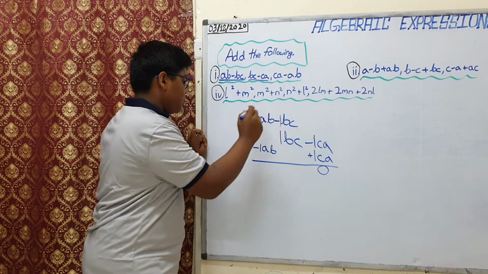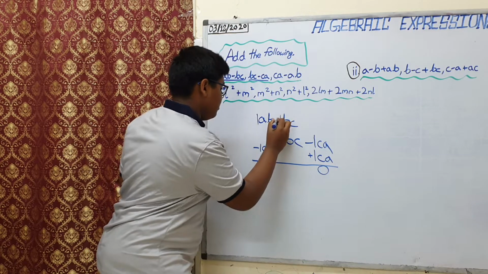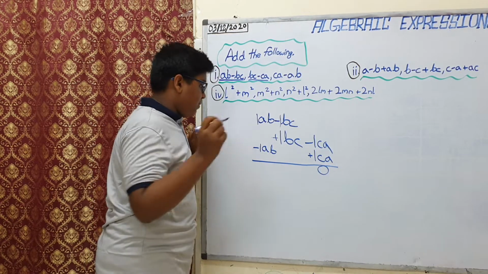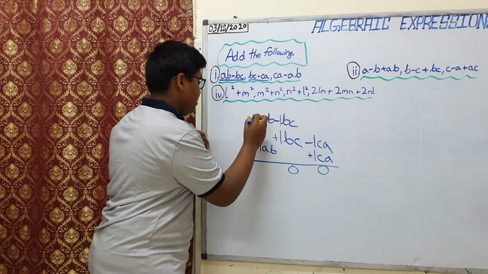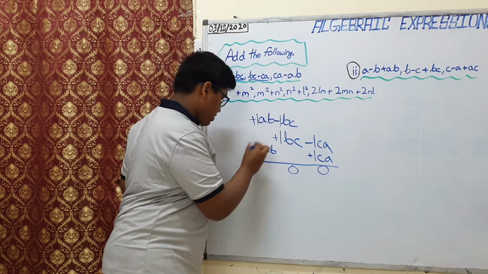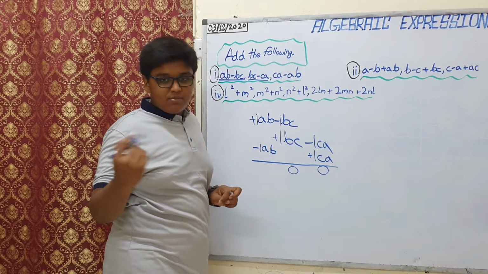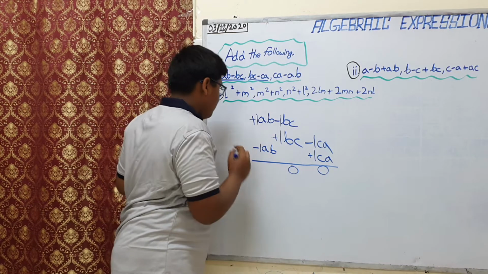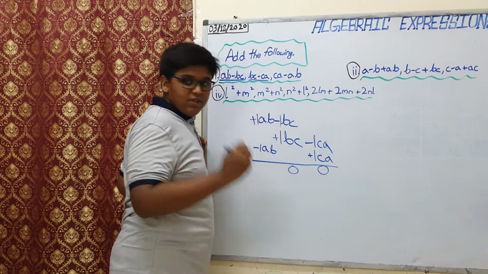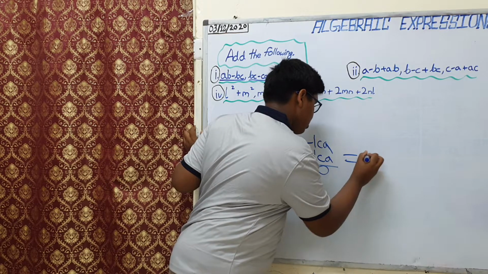Then minus 1 and plus 1, which is also negative, then 1 minus 1 is equal to 0. Then here 1 and minus 1, positive plus plus minus is equal to minus. So minus 1 minus 1 is equal to 0. So the answer for this is equal to 0.